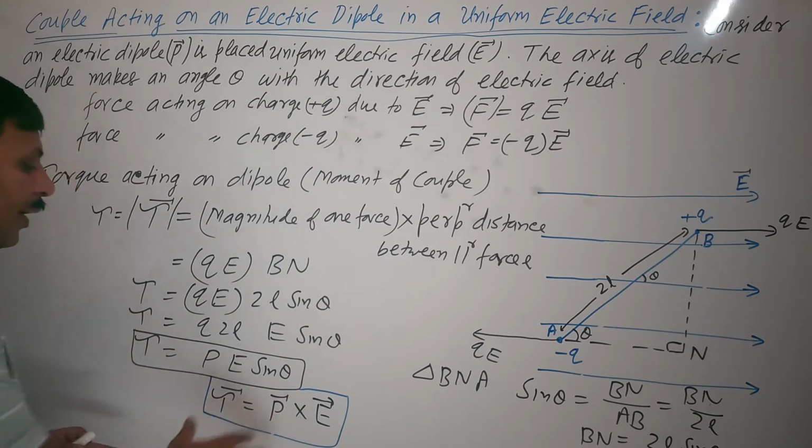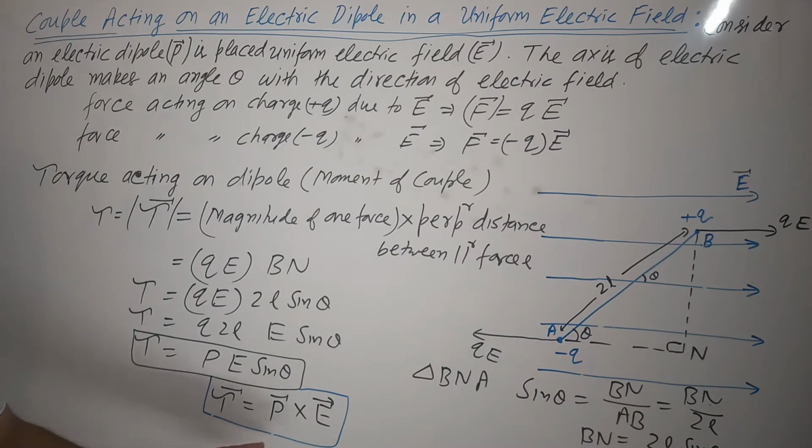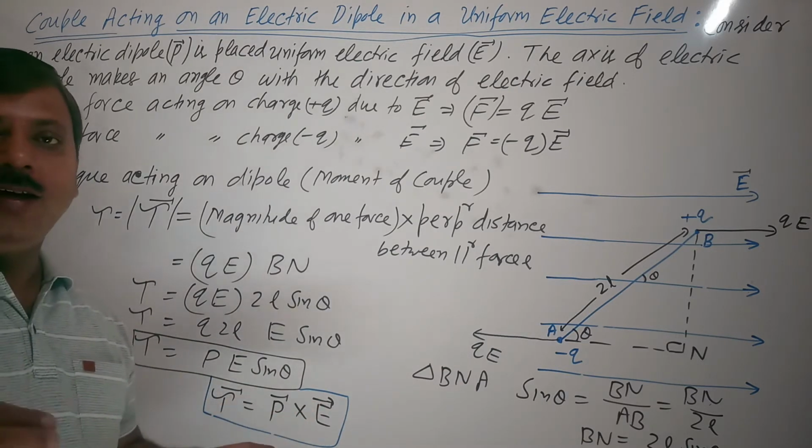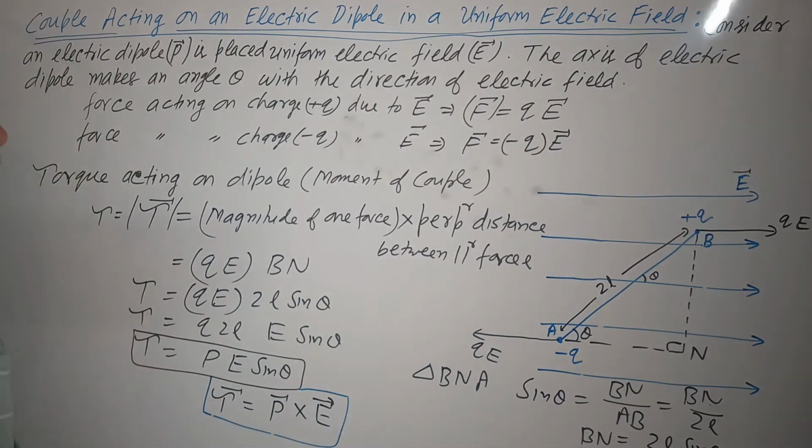Here p is the electric dipole moment, E is the uniform electric field, and tau, the magnitude of torque, is equal to pE sin theta.